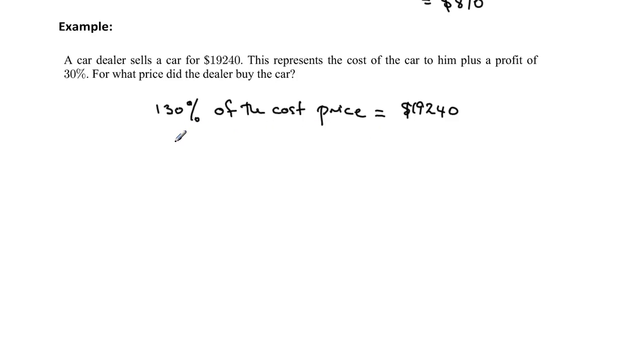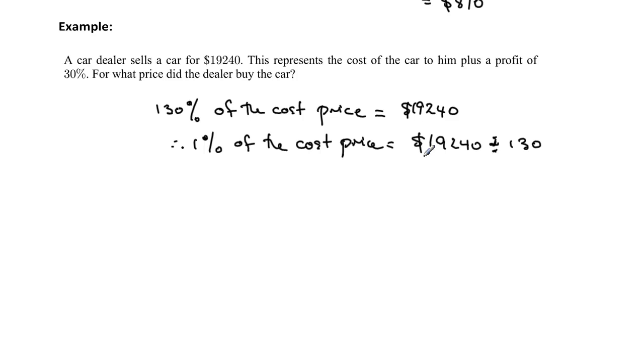Okay, so 1% of the cost price must be equal to $19,240 divided by 130. So this gives an amount of $148.